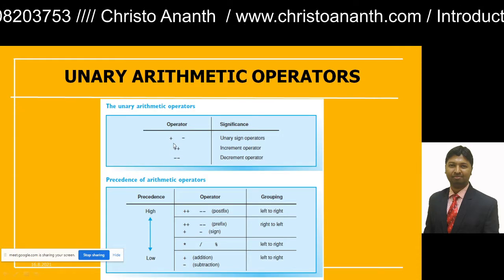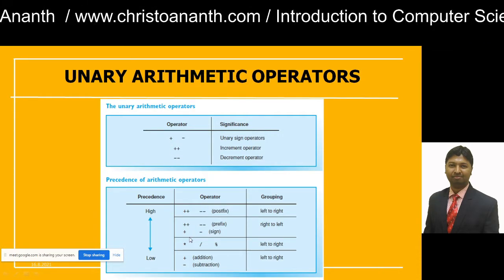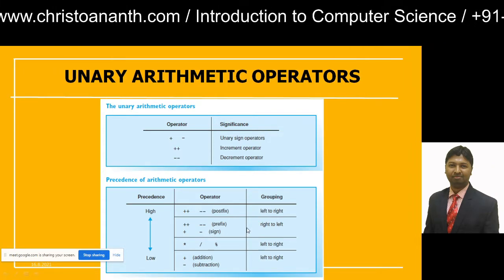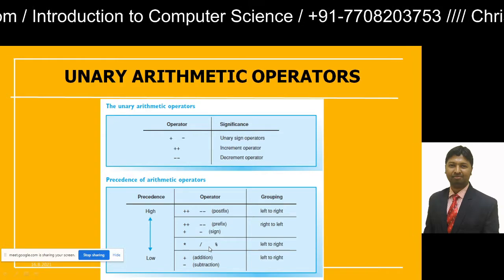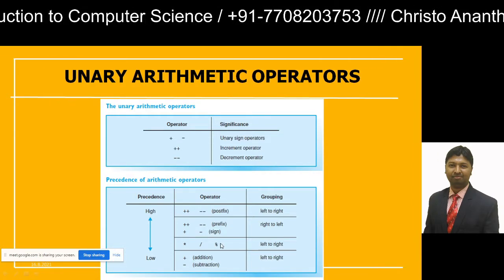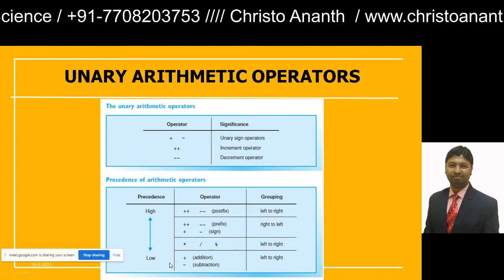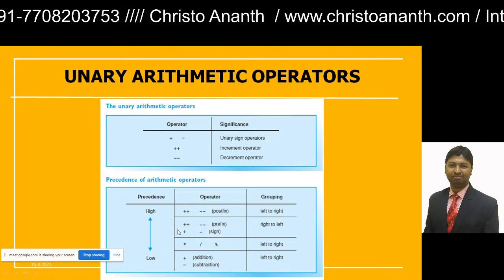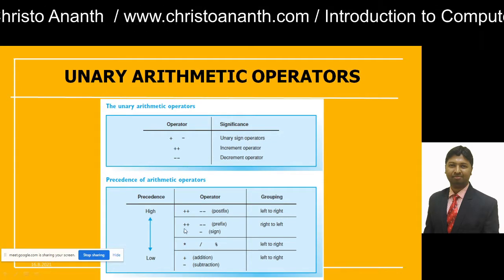For example, plus plus and minus minus are given the highest precedence. Then unary plus and minus come next, then star, slash and modulus are given the next precedence, and then normal addition and subtraction are given the next priority. This is how you give the precedence for arithmetic operators.